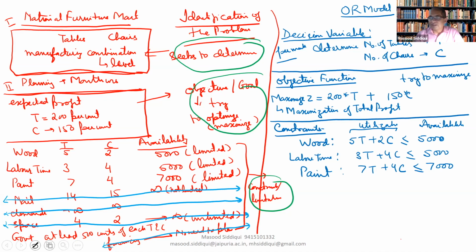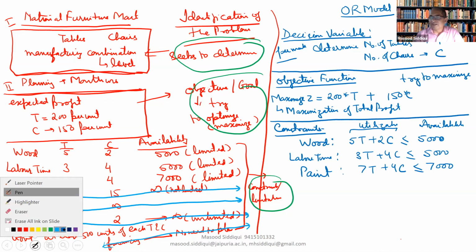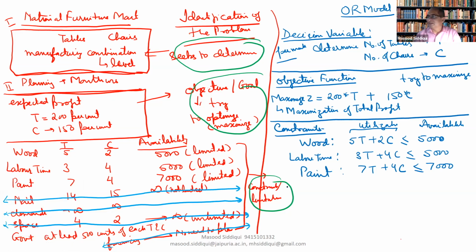Now we move to the government regulation part. It means what the government wants from us, right? So the government conditions, for the registration that they are seriously considering, are that at least 500 units of each product, means at least 500 tables and at least 500 chairs, are to be produced.